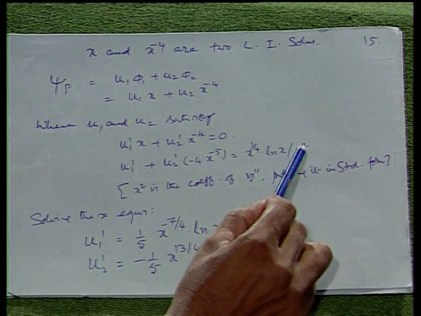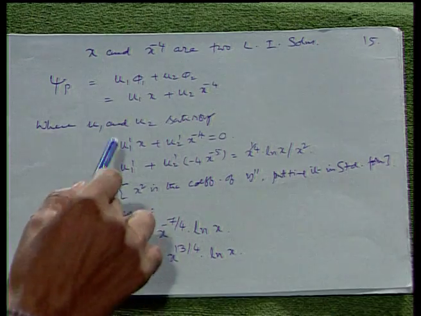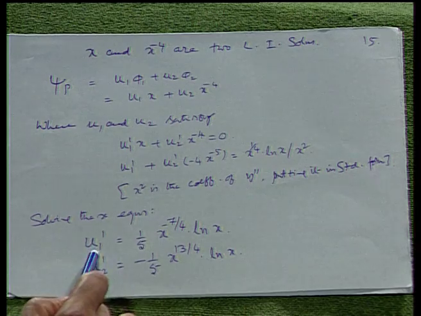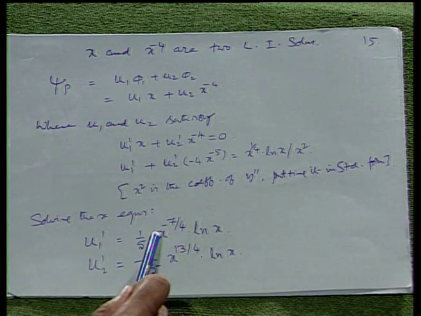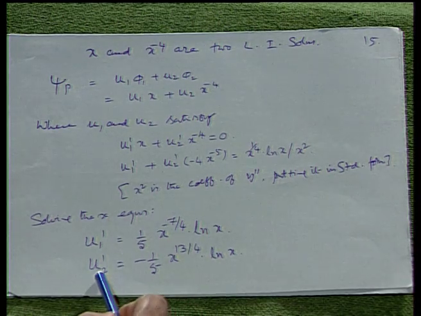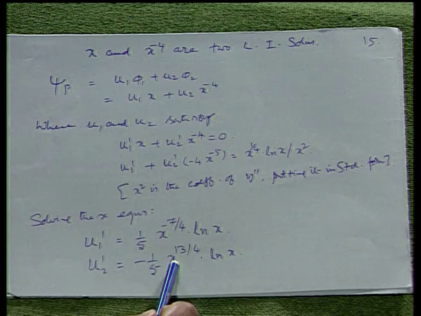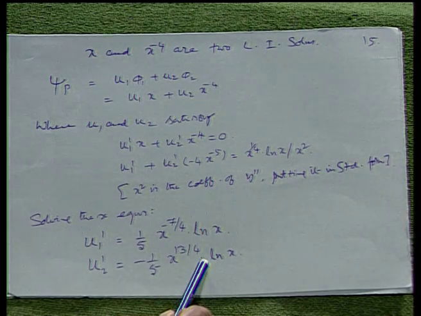So, this denominator x square came out of that. Now, solving these two equations, you will get u1 dash is equal to 1 by 5 into x to the power of minus 7 by 4 ln x, and u2 dash is equal to minus 1 by 5 x to the power of 13 by 4 into ln x.